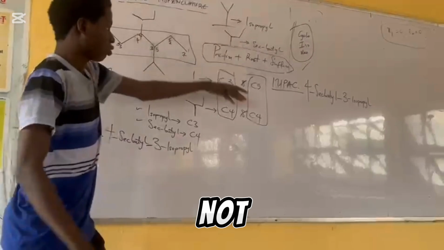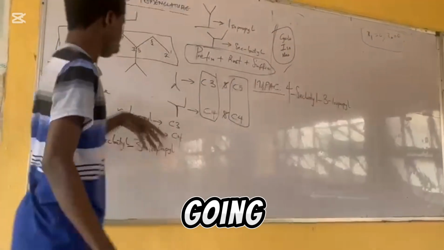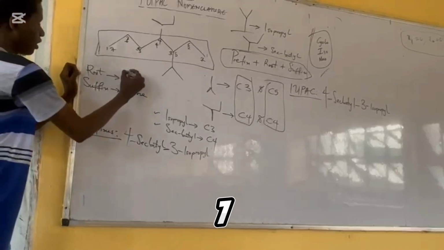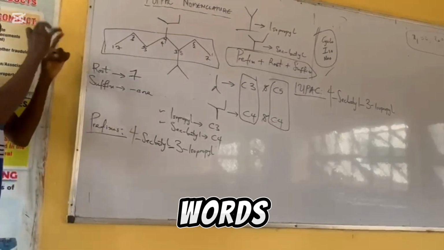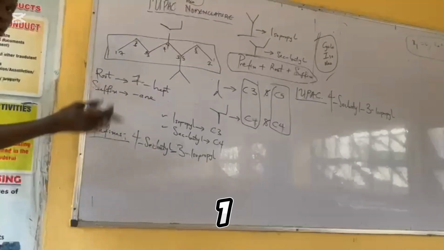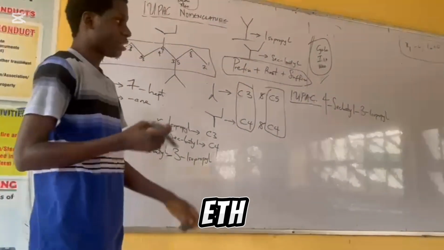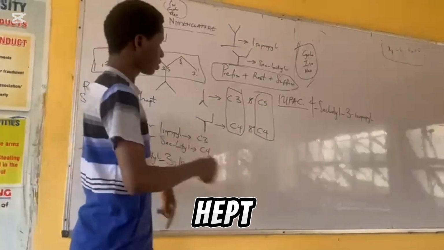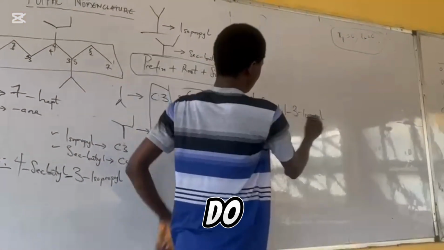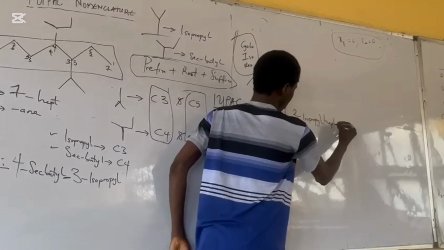Then what's the next thing? Plus the root. You are not going to write a plus; you are just going to write it. What's the root here? 7. And for 7 now, we are going to write it in words. 7 is hept, just like 1 is meth, 2 is eth, 3 is prop. So 7 is hept. When you write this, the next thing after the prefix is the root, so we have hept.